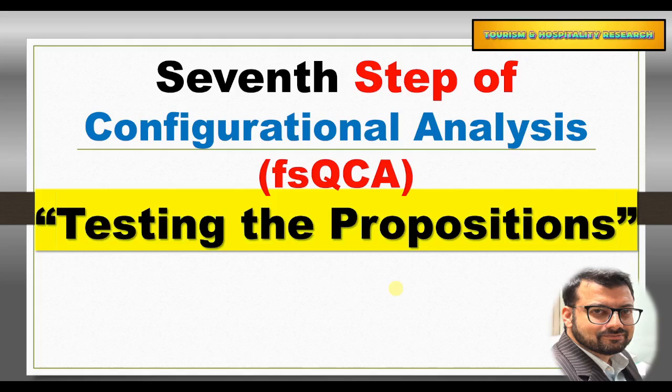We did the necessary condition analysis. The next step is that we can test the proposed propositions, whether they are true or whether they deviate. So now I'm going to show you the steps and how to analyze the propositions in fsQCA software.